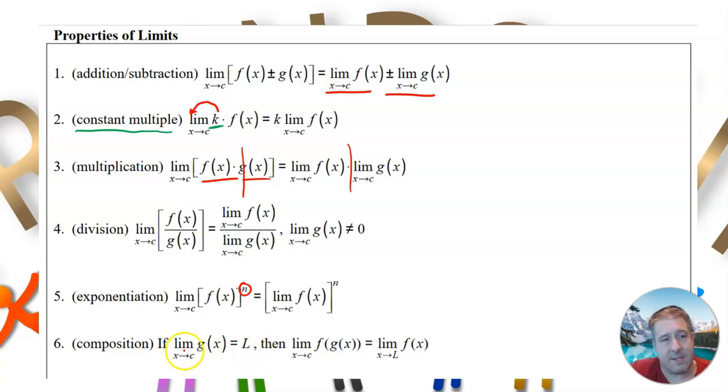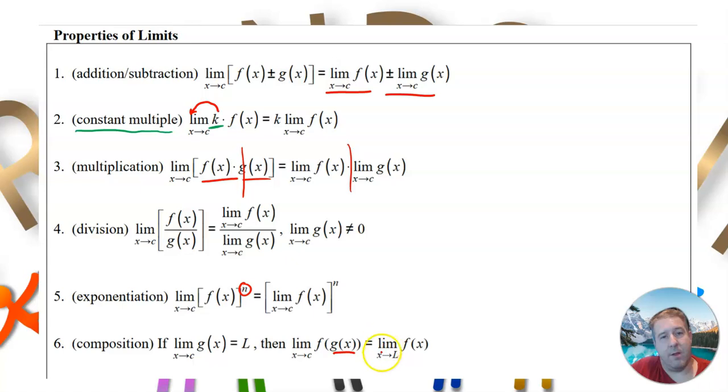Composition, which basically states that in this case, the limit as x approaches c of g of x equals a limit, then the composite function, so the limit as x approaches c of f of g of x, is equal to the limit as x approaches the limit of the inner function. So what you would do is find the limit of this inner function and then whatever that answer might be, you could just plug that answer right there and do it again.